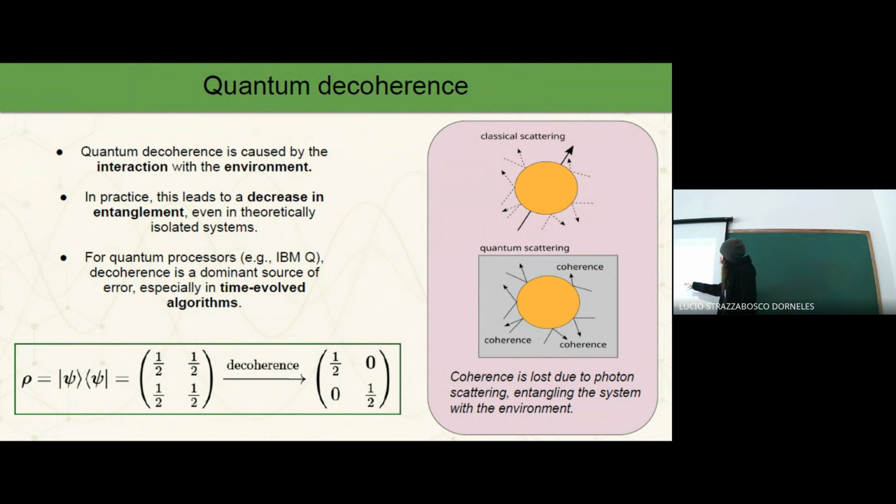If the system is coherent, that is, it exhibits interference patterns in quantum behavior, then when the photon reaches this particle and leaves, it takes part of this coherence with it, and they become entangled, which means that in the end we lose the information of the system on its own. We lose it because now the system is entangled with the environment.